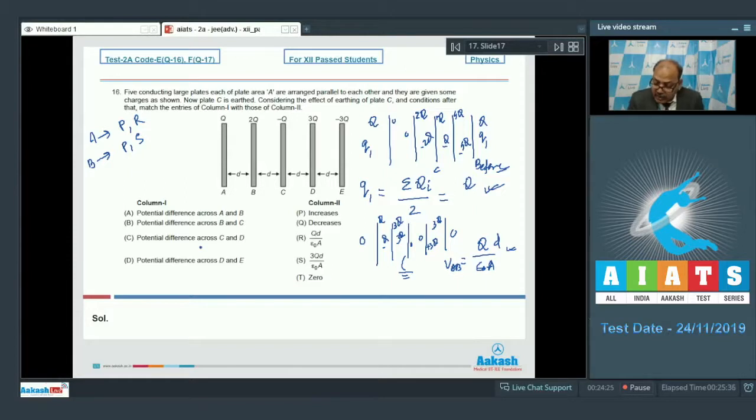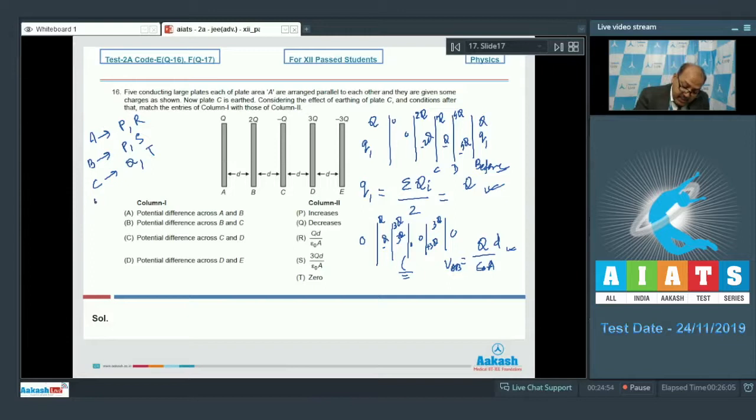Potential difference across C and D, this was D plate here. It was corresponding to charge Q and minus Q on these two plates. And finally, here charge is 0. So that means the potential difference has decreased and has become 0. So C corresponds to Q and potential difference has become 0. That means it also matches with T.